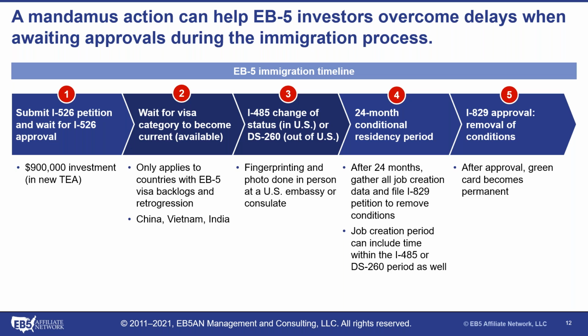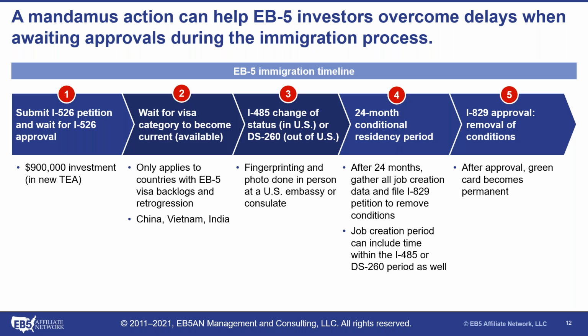Third, after that has been accomplished, after there is a visa currently available for you to get, then you'll be adjusting your status either in the United States or out of the United States. The form is slightly different. And then once that adjustment is completed, then you actually start the 24-month conditional residency period.